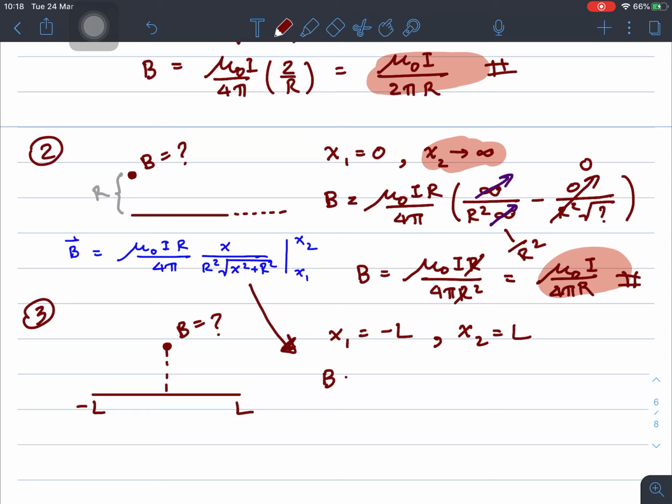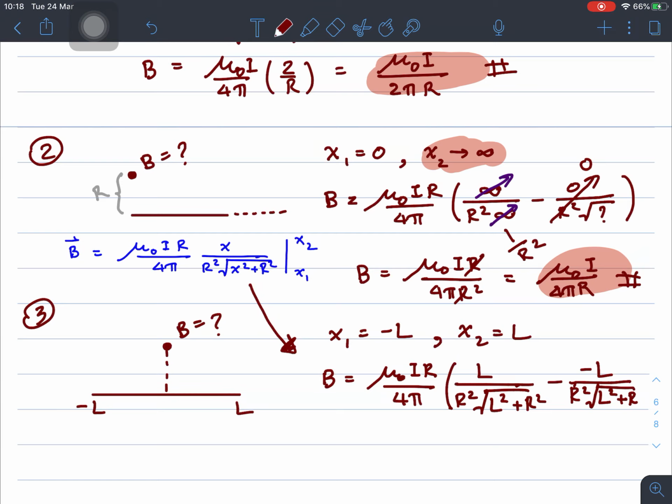B is mu 0 I r over 4 pi, and I substitute the L inside. That would give you L over r squared times the square root of L squared plus r squared, minus minus L over r squared times the square root of L squared plus r squared.